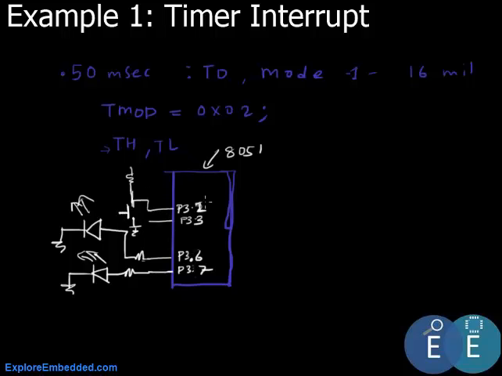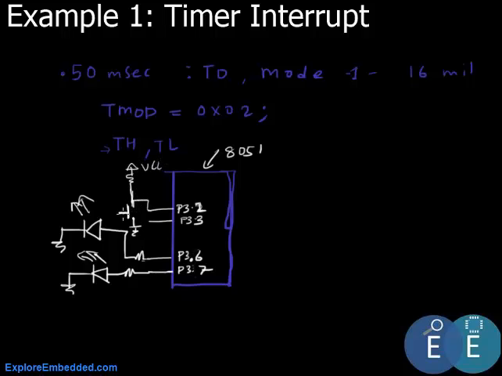Now what we do is we read the status of the switch on port 3.2 in the main program, and we show that on the LED port 3.6. So basically this switch is pulled high.